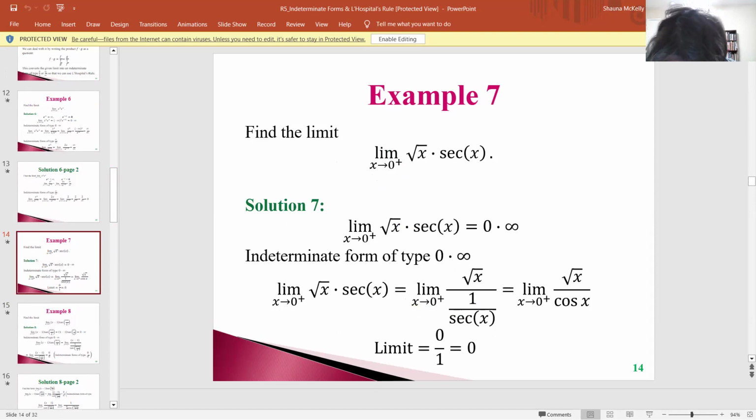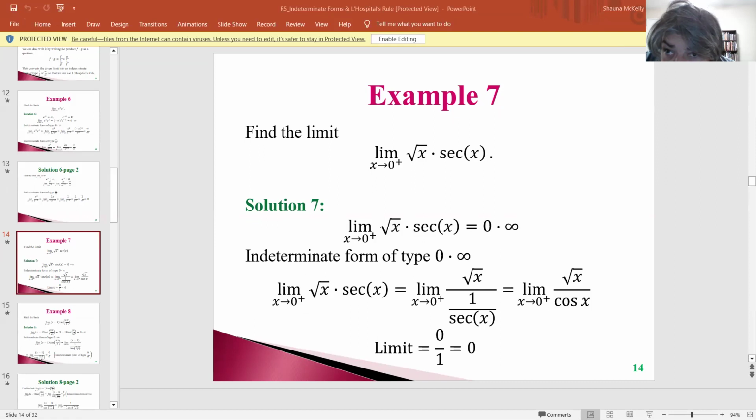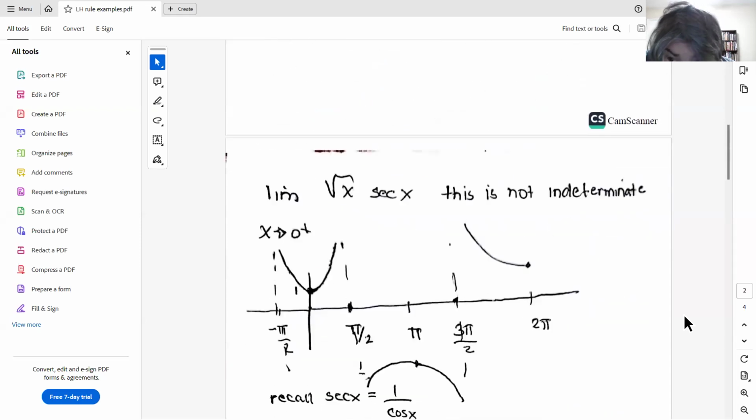So in this case, let me share the screen. Let me go to new share. We're going to share this, but I'm going to show you the second page of this.